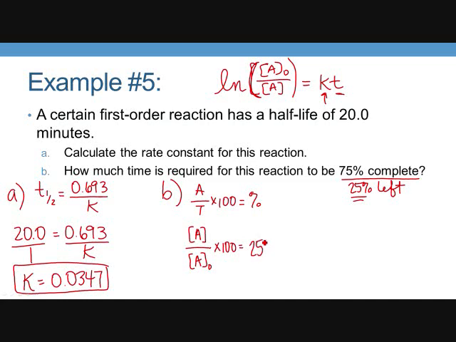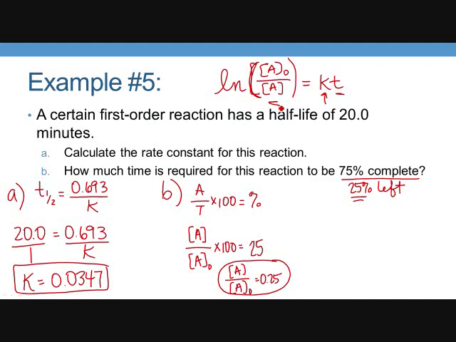So to get rid of the times 100, I'm going to have that A over A0 is equal to 0.25, or 1/4. Now, what we do with this part that we've just figured out, we're going to invert it, because up in this equation, the A0 has to be on top, and we currently have A0 in the denominator.